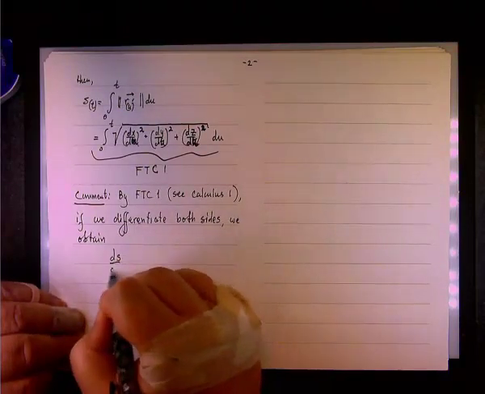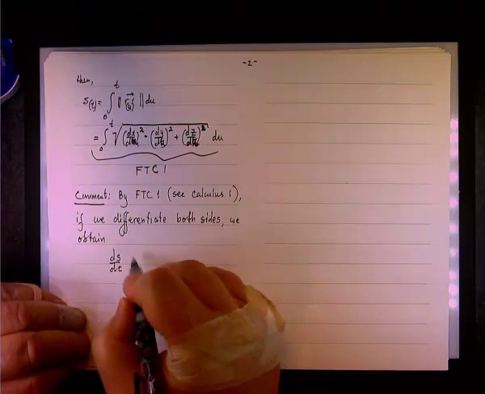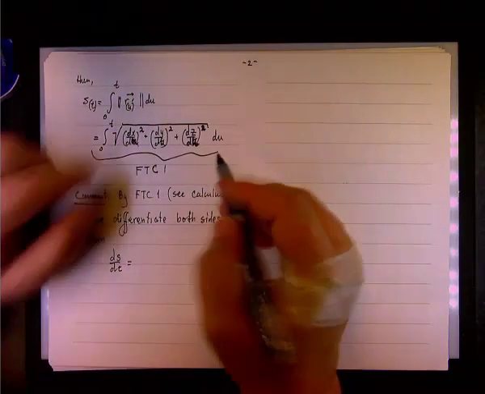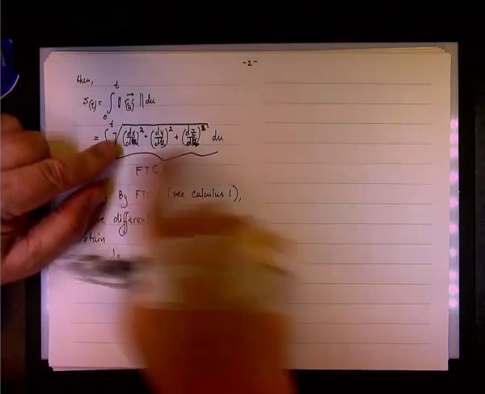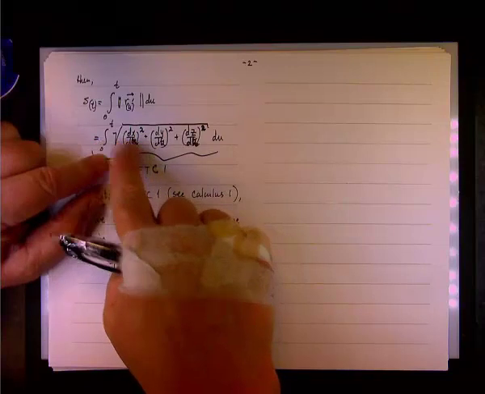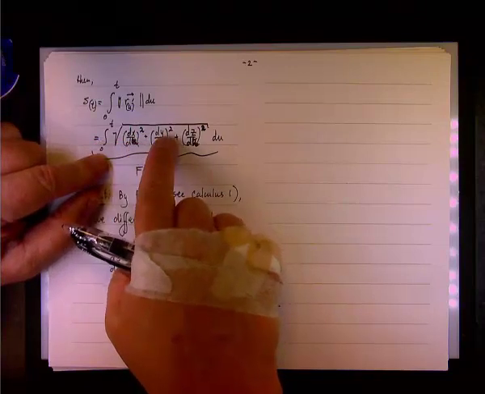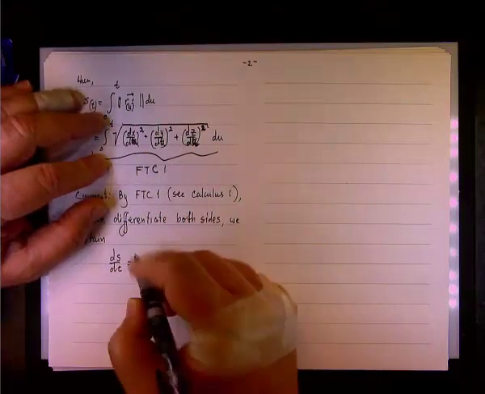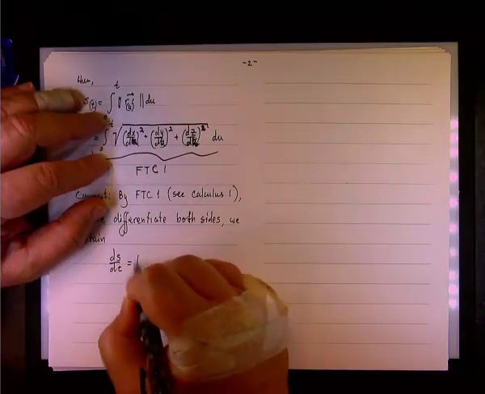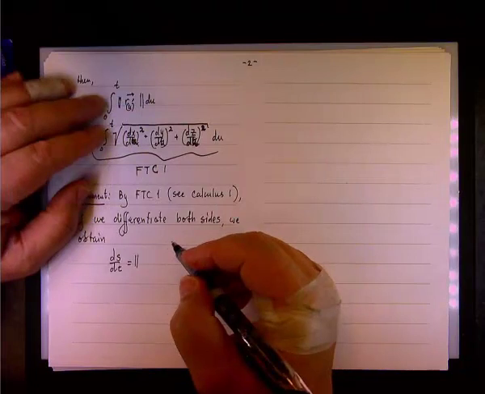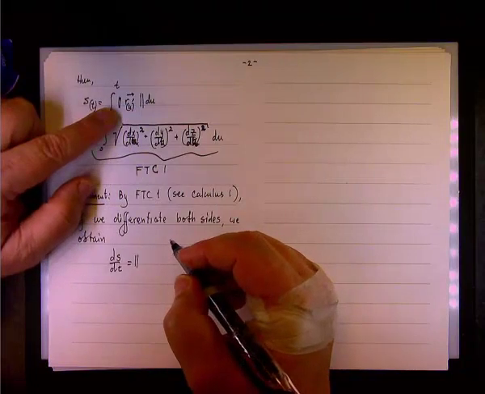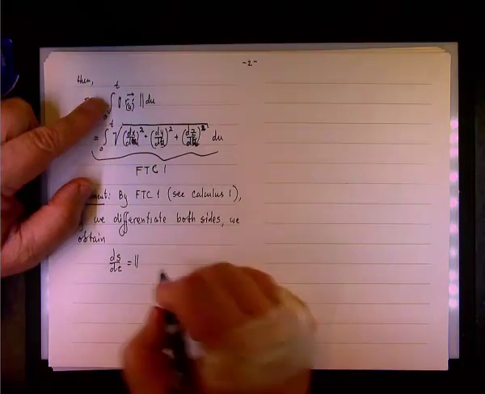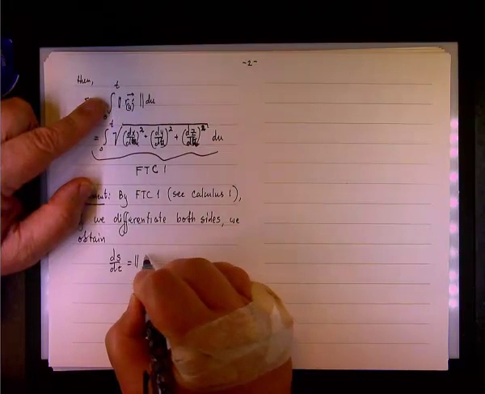what happens if we differentiate both sides? We have ds/dt equals the square root of (dx/dt) squared, (dy/dt) squared, (dz/dt) squared, right? Or, in short, we can say it becomes the integrand evaluated at t.